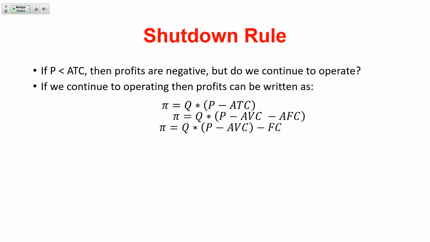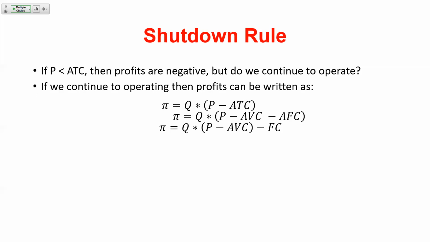So looking at this equation, if I produce 0, then my profits would simply be negative whatever the value of my fixed costs is. So if I shut down, my profits are just the negative fixed costs.